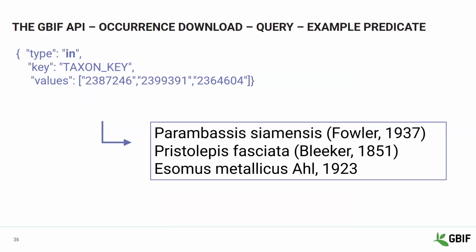Just as an example of the in predicate, you can use the in predicate and then give a list of taxon IDs. In this example, if you give these three taxon IDs, they will map to these three particular scientific names. So this is how you can run a query for multiple taxa at the same time. You can say, I want this and this, all the data.